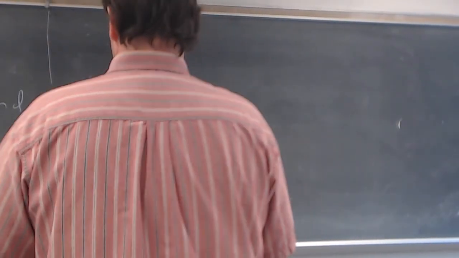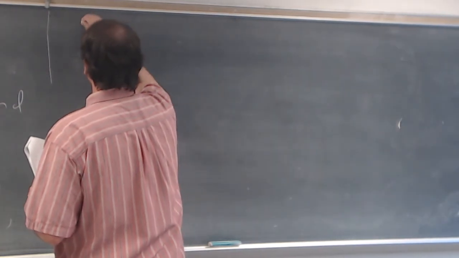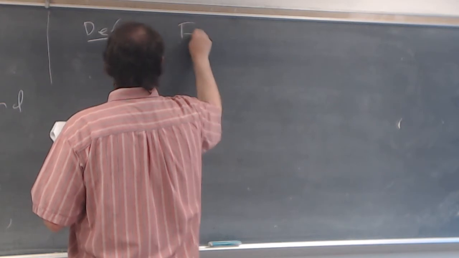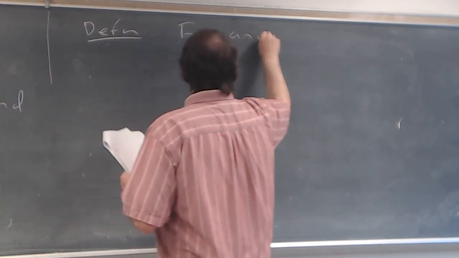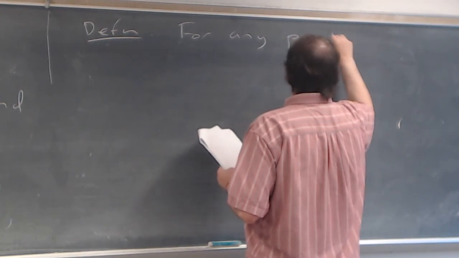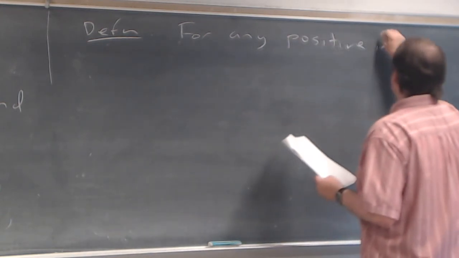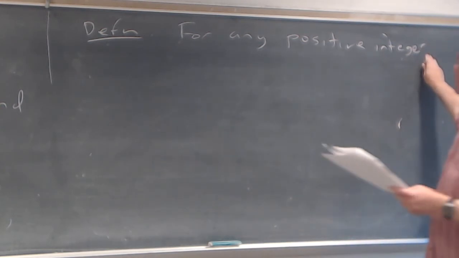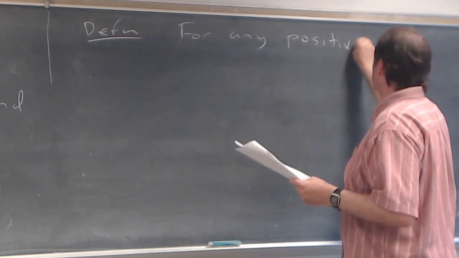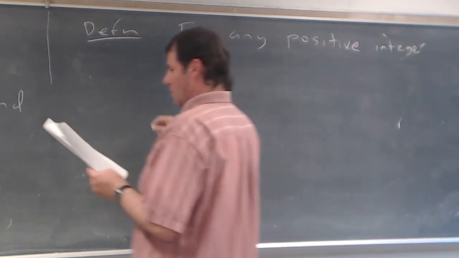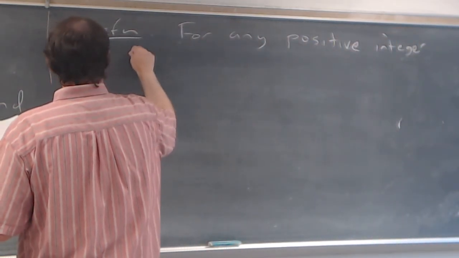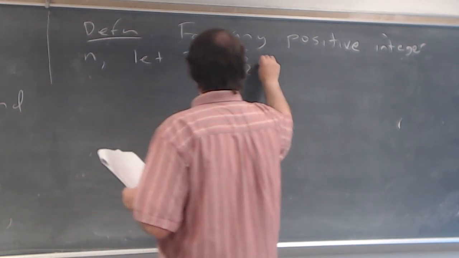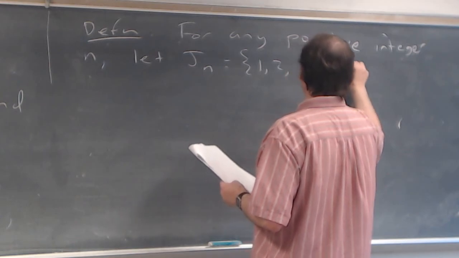So here's a big definition. It says, for any positive integer, we're going to call it n, let J sub n be equal to the set 1, 2, 3, all the way up to n.